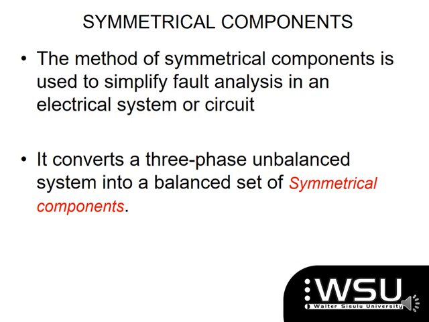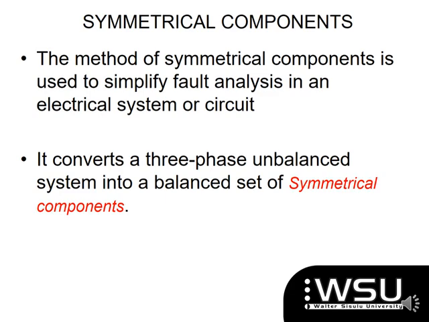To summarize the previous slide: we utilize symmetrical components to analyze a fault occurring on your system so that we can understand what is happening with our line currents and our voltages.